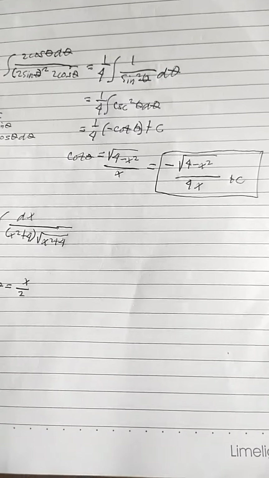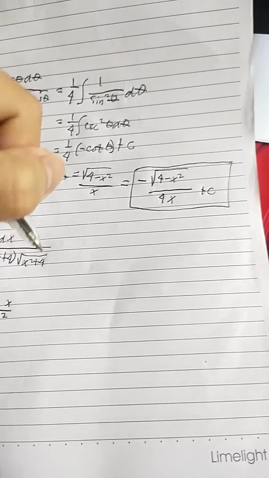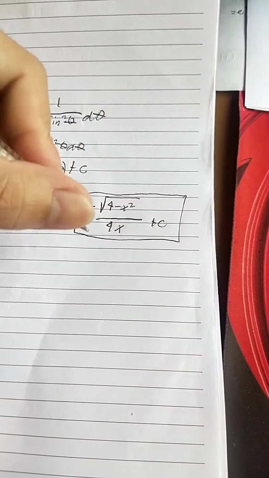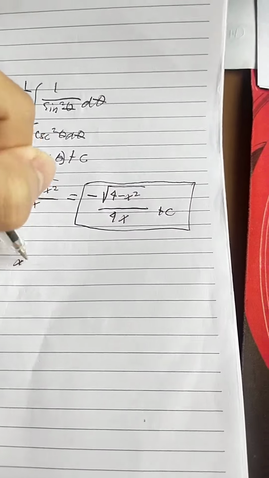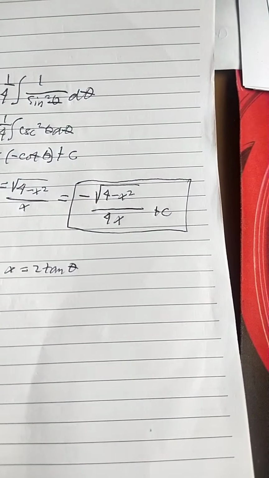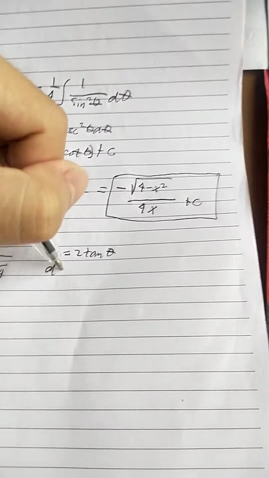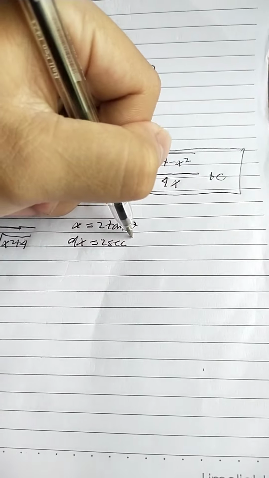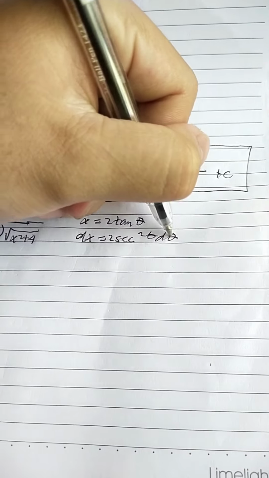So our x is equal to 2 tangent theta, and our dx is equal to 2 secant squared theta d theta.